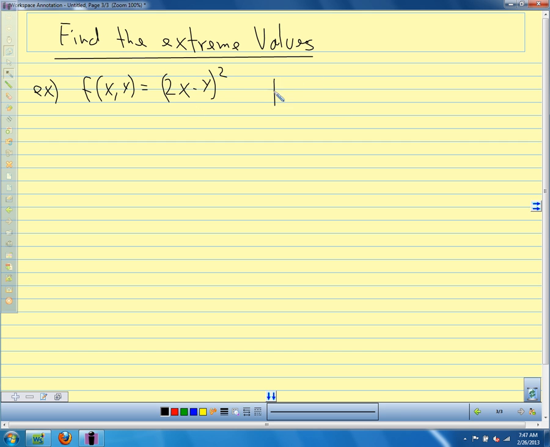And our region R is the region in the xy plane between these points: (2, 0), (0, 1), and (1, 2).